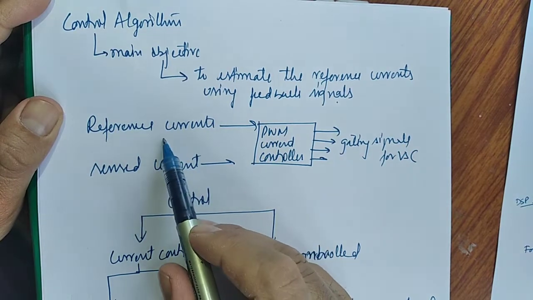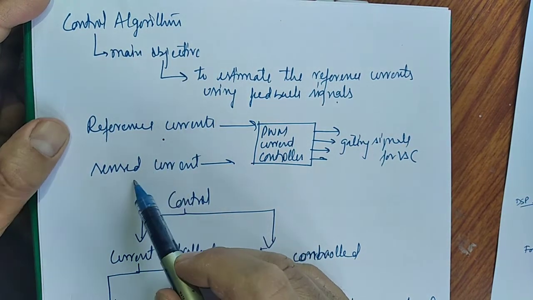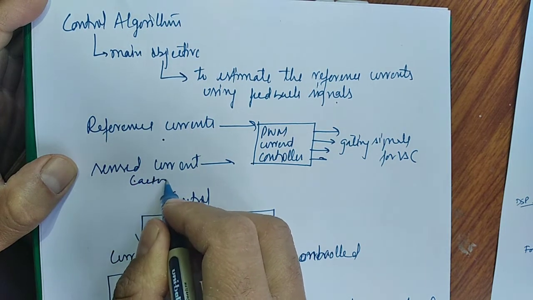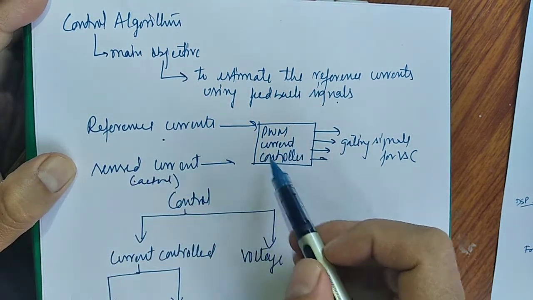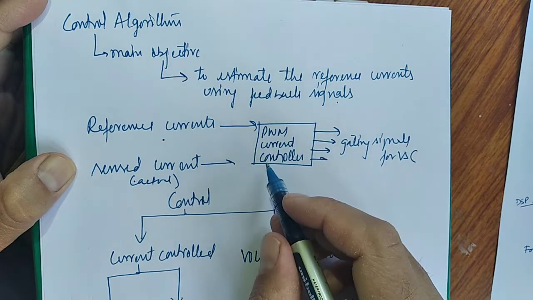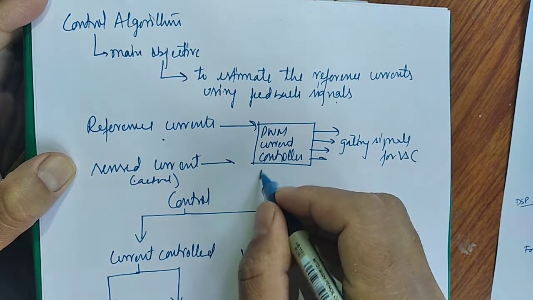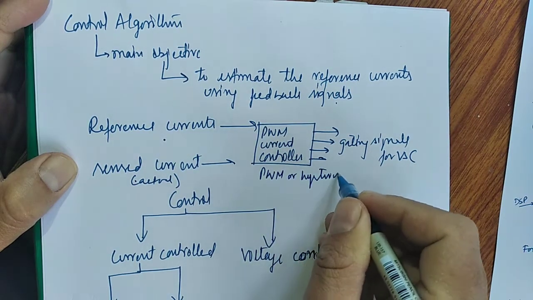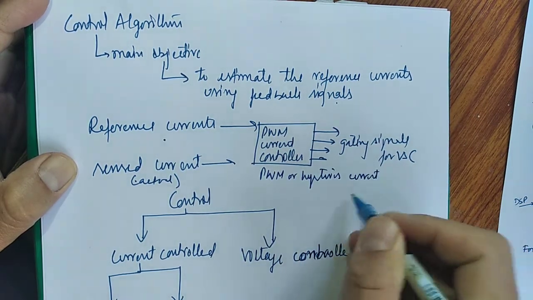We will compare the reference current which we generate from the control and the sensed current or actual current, in a PWM or hysteresis current controller.